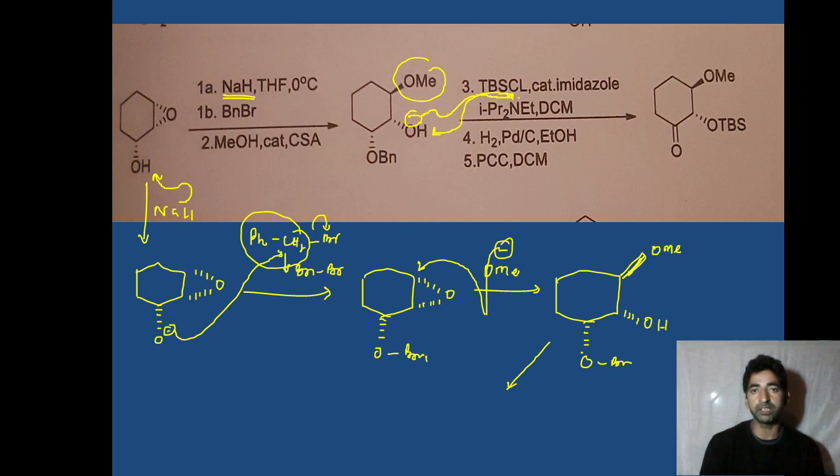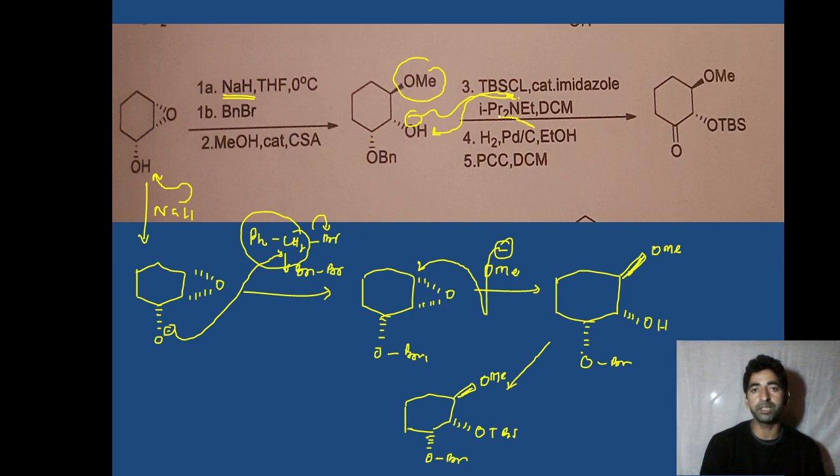O minus will attack silicon atom, so we'll get OTBS. So this oxygen atom gets protected, we'll get OTBS. That's why protection and deprotection, again I am speaking about this. It's very, very important. So we have OTBS, it has been protected, and we have OMe over here, which is above the plane. And the fourth step, it is treated with hydrogen and palladium supported on carbon.